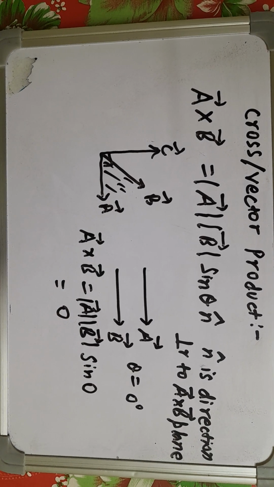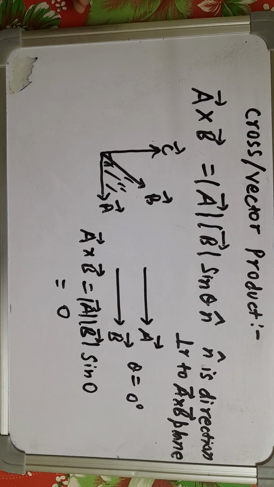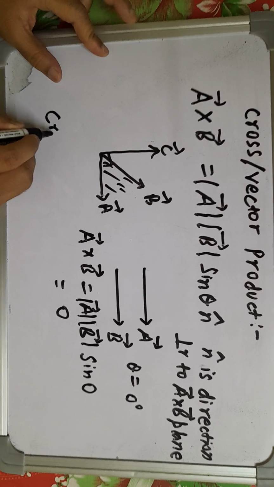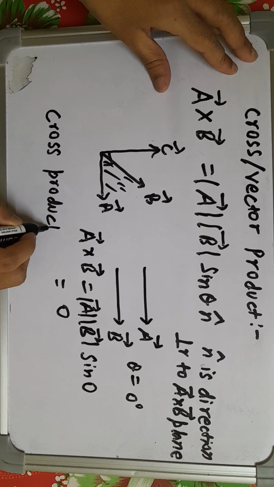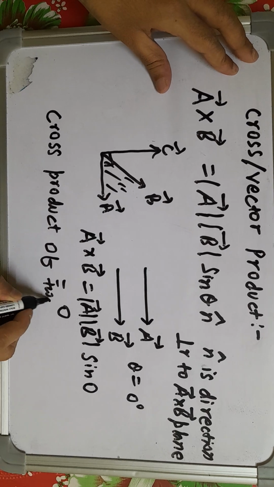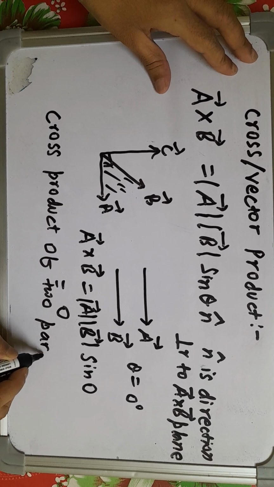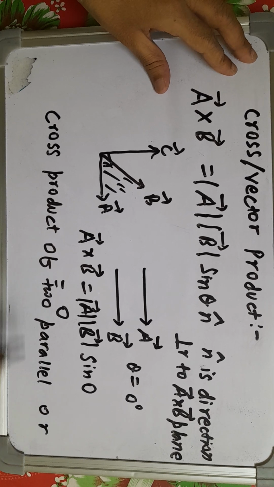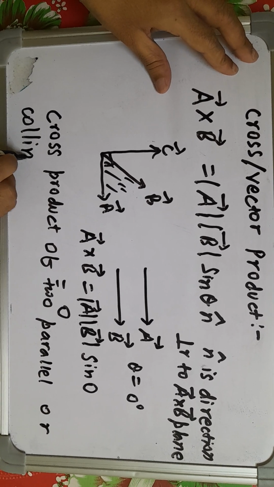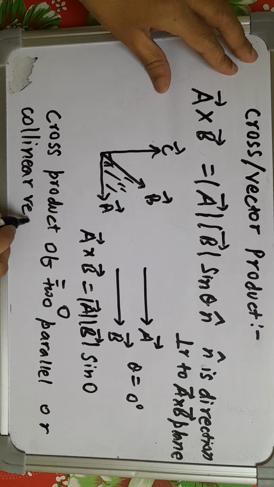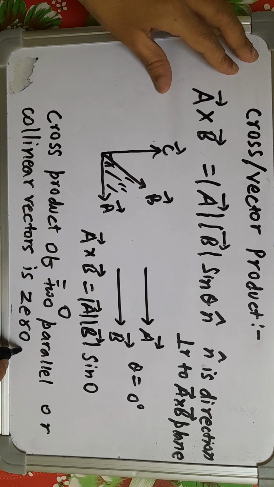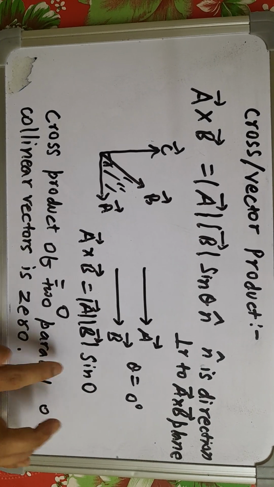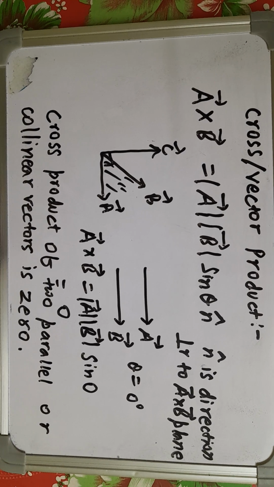Okay, so the cross or vector product of two parallel or collinear vectors is always 0. Why? Because the angle between them will be 0, so sin 0 is 0. So the cross product of two parallel or collinear vectors is 0.